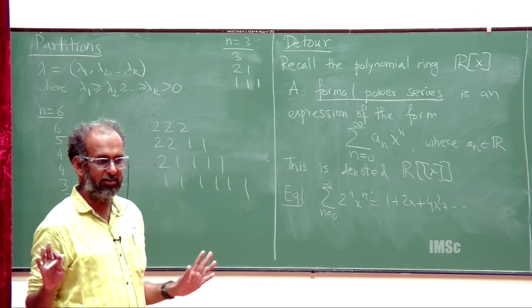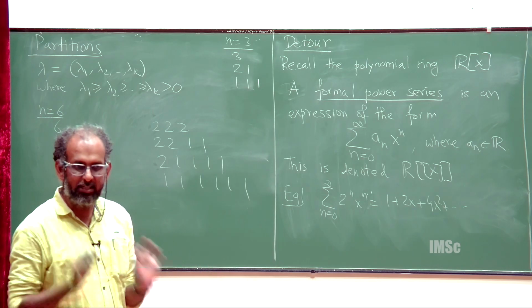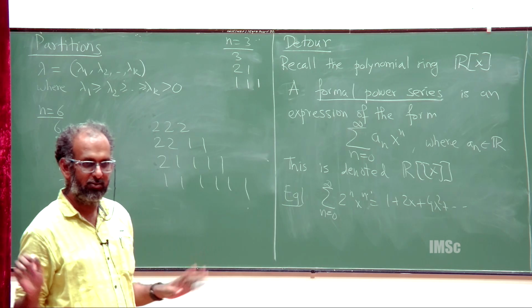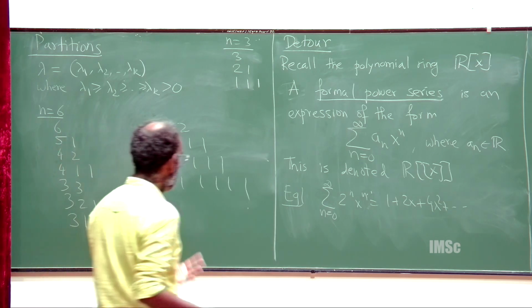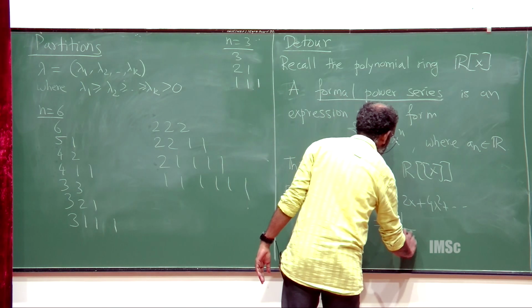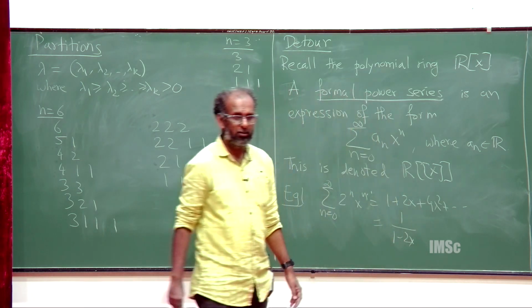But we will not think that way. We are not going to assign any real or complex number to x. X is just a variable. You're just not allowed to do that. So this is equal to 1 by 1 minus 2x.